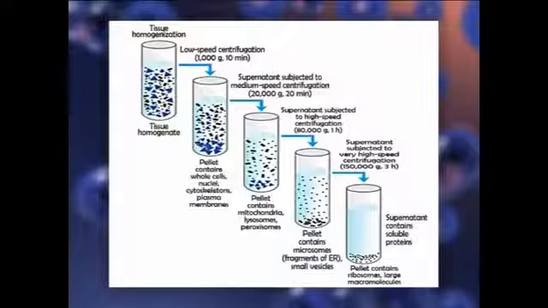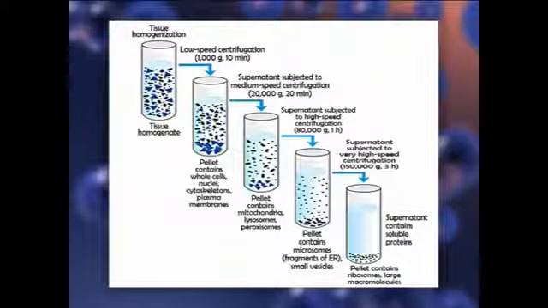For example, a tissue homogenate which contains whole cells, nuclei, cytoskeleton, plasma membrane, mitochondria, lysosomes, peroxisomes, microsomes, endoplasmic reticulum, small vesicles, and large molecules like ribosomes and proteins can be separated by differential centrifugation.